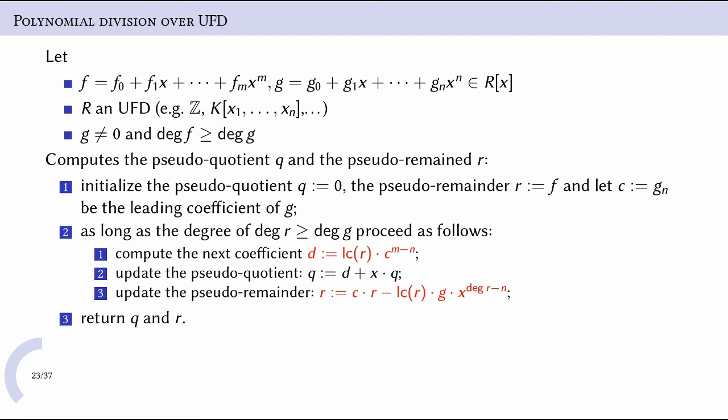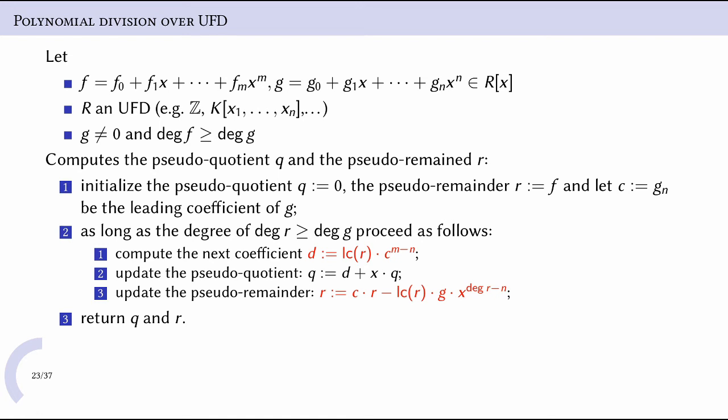We just multiply it by a power of c, but with a reduced power of c, so that all the terms are actually in the ring of coefficients. And since we change the way we compute the coefficient of the pseudo quotient, we need to, in the same way, adapt the way we compute the pseudo remainder.